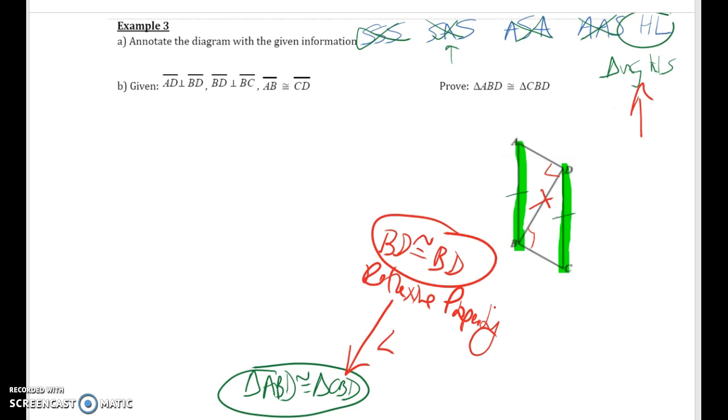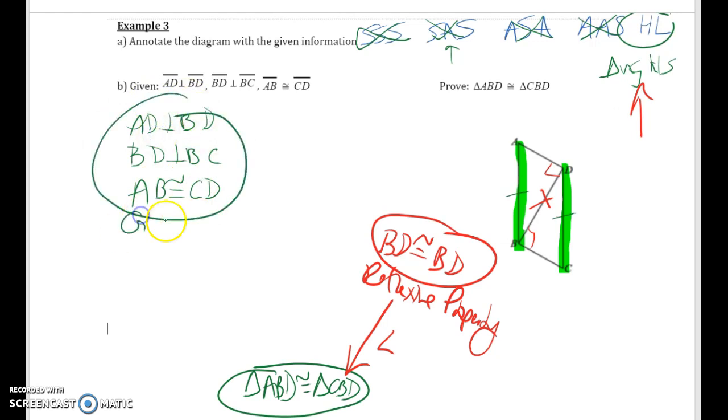Okay, so now I just have to work on using the rest of the other information that they gave us. Which would be, they gave us that AD is perpendicular to BD, BD perpendicular to BC, and in the same statement I can say what else they gave us. Given. So what does AD perpendicular to BD and BD perpendicular to BC tell me? That tells me that I'm going to put a 1 and a 2 here.